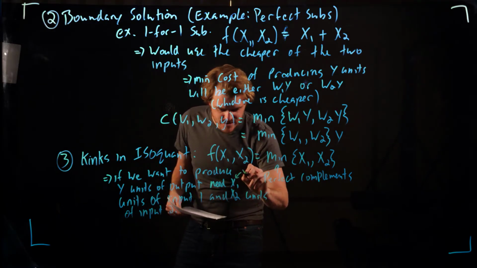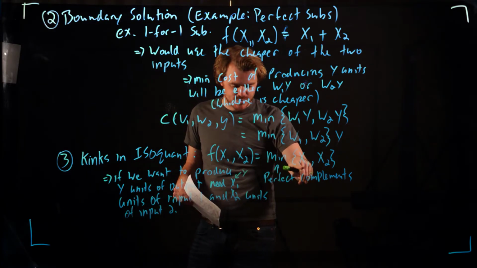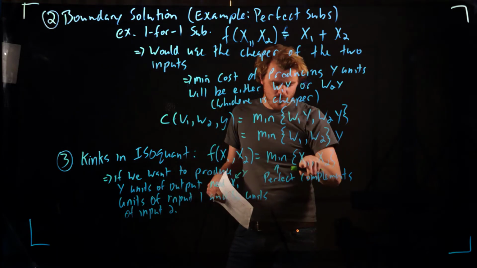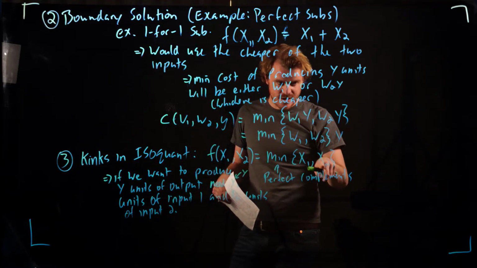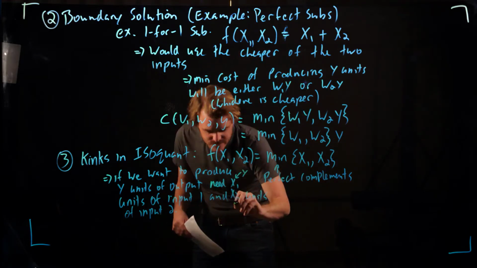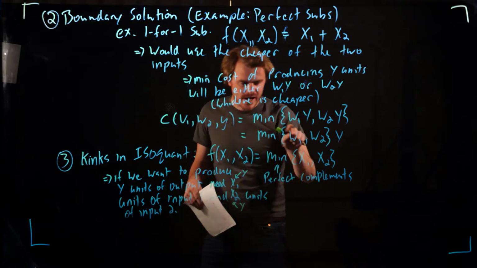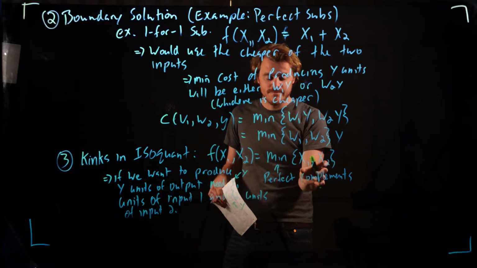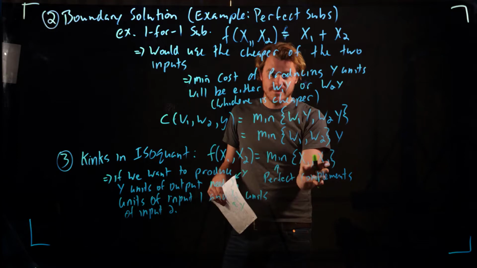So here, we would need y, just because of this production function. If we want to produce y units, we need y units of input 1 and y units of input 2. So these are both equal to y because of this production function, because it's just a 1-to-1 complements between the two.